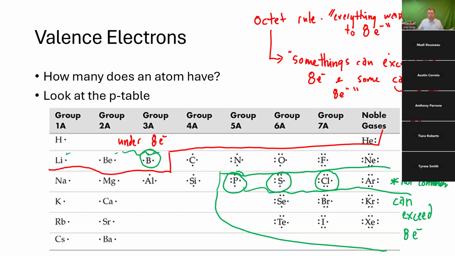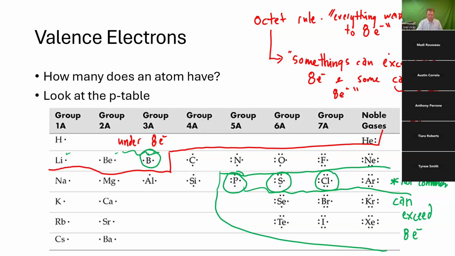We don't use the entire periodic table. That's not biologically relevant. There's like 10 elements that are biologically relevant. So we're going to focus in on those. And those big ones are carbon, nitrogen, oxygen, and maybe to a lesser degree, fluorine. But carbon, nitrogen, oxygen, and sorry, hydrogen, those are your big four that you're going to see in compounds more than anything else.